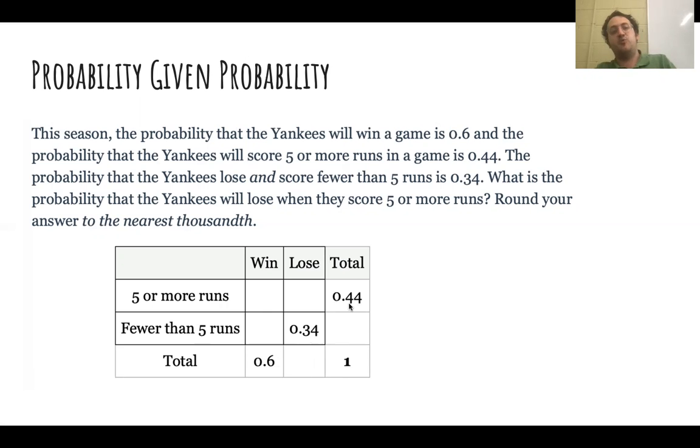So like 0.44, and then this would be like a 0.56, add up to 1, and then 0.4 plus 0.6 equals 1. And then if I want to do 5 or more runs and lose, I'm going to do 0.4 minus 0.34 to get 0.06.